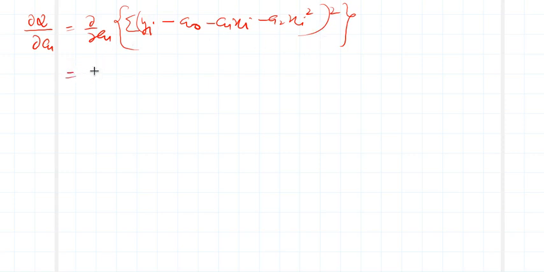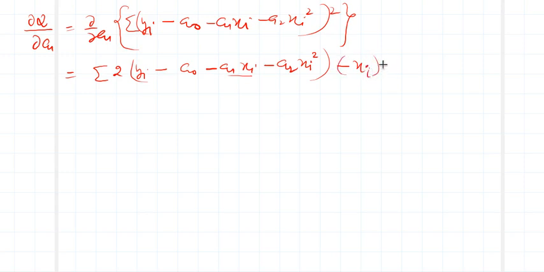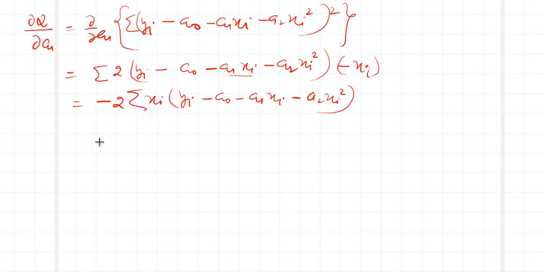So it is summation 2 times yi minus a naught minus a1 xi minus a2 xi square, and its derivative, the rest being 0 applying the chain rule, is minus xi. So minus 2 can be taken outside, and it is summation xi times yi minus a naught minus a1 xi minus a2 xi square.